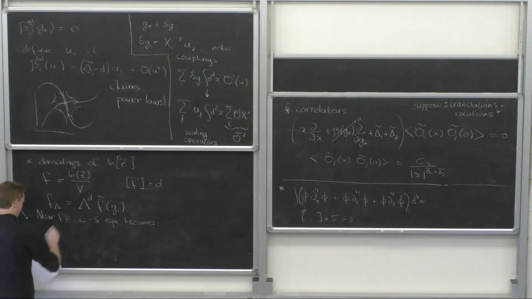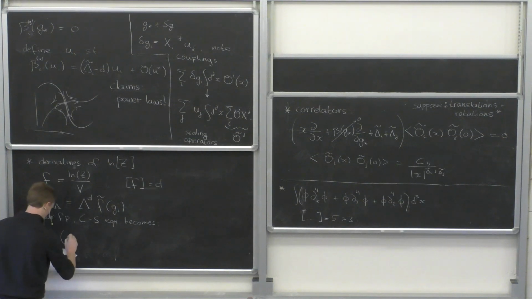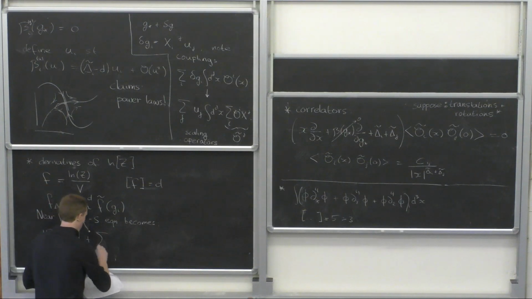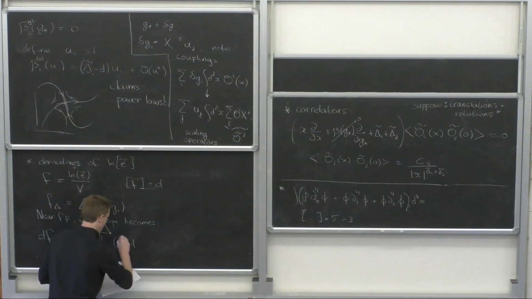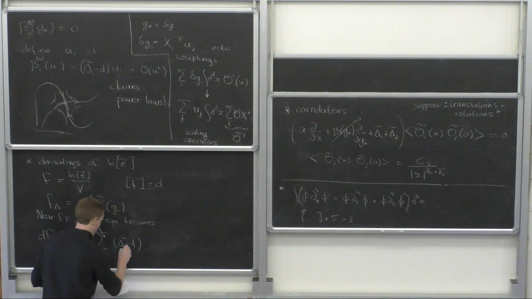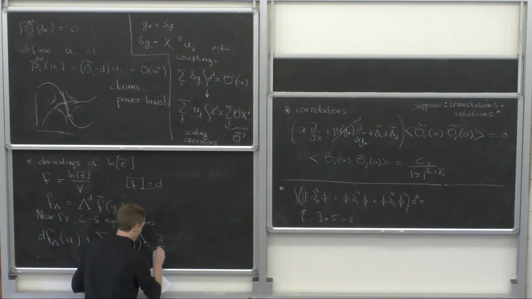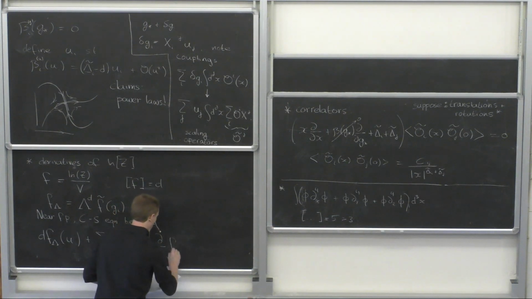So you get a d from this, and now this thing depends on the couplings u, plus a sum over delta minus d times u_i, just the beta functions, d/du_i of f_lambda.